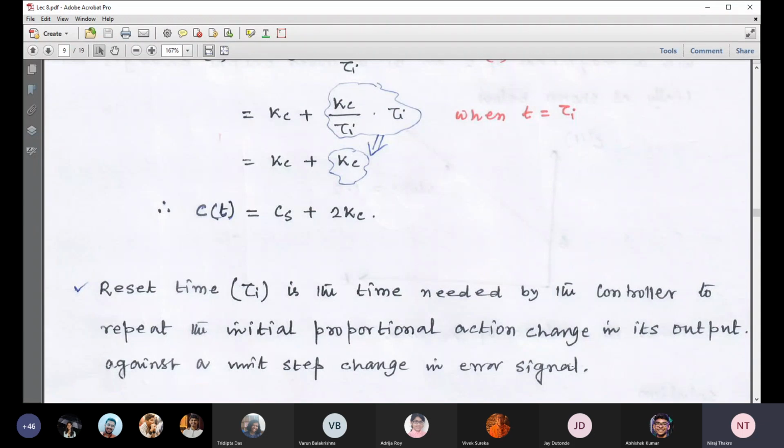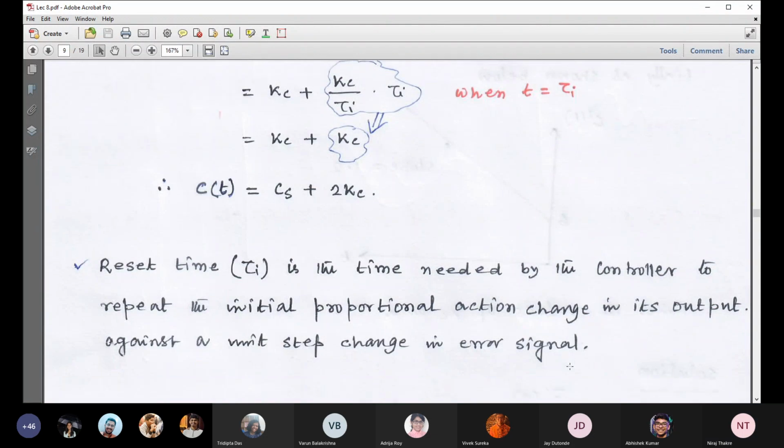Now this is all about PI controller. Is this clear to everyone, or do you have any question?